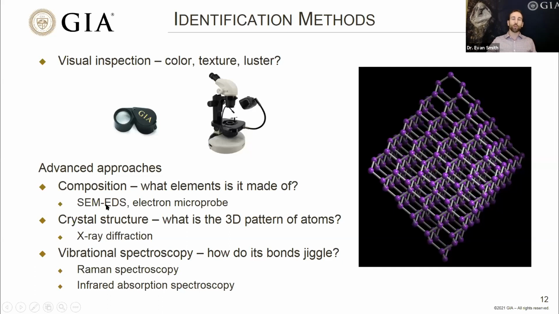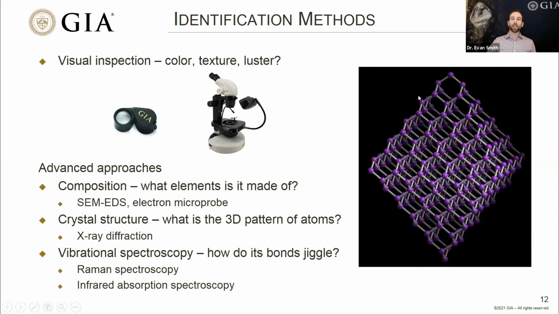One of the techniques we could use is something like EDS on an electron microprobe, or actually trying to quantify the different proportions of these elements. So using an electron microprobe, we can identify not just which elements are present, but how much of those elements there are. Another technique is to identify the crystal structure.